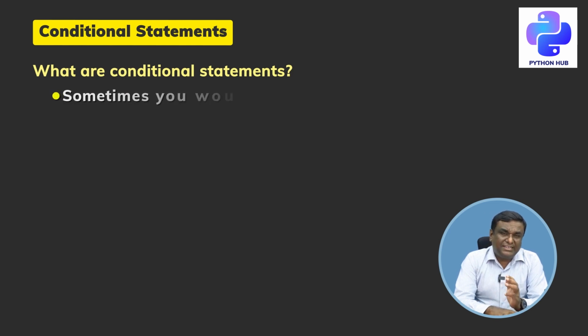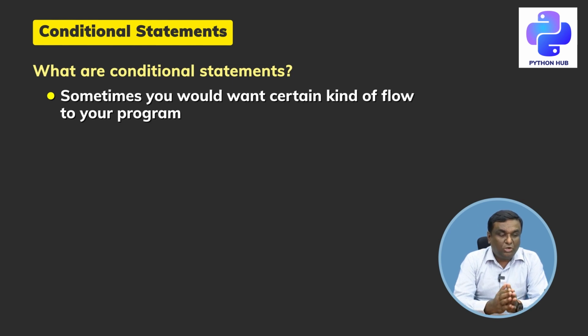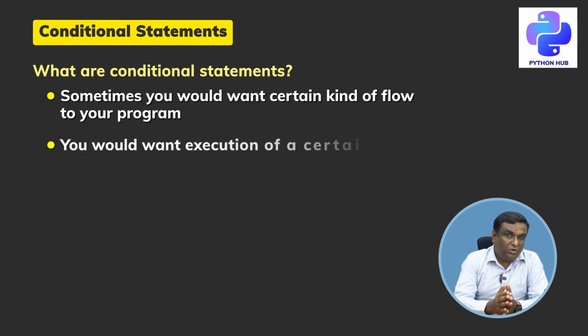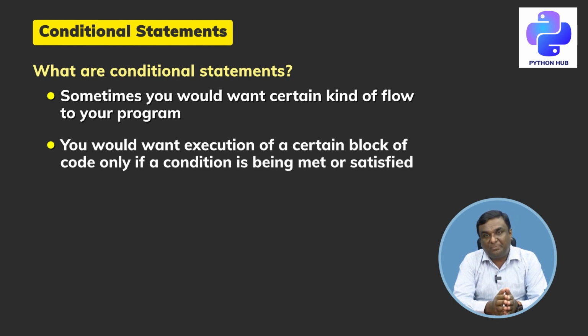You want a certain kind of flow when you're writing a program. To create that flow, you need certain statements. That's what we call conditions. Based on the conditions, you are creating some statements which will decide the flow of execution of the program. So you want a certain block of code to be executed if certain conditions are met.